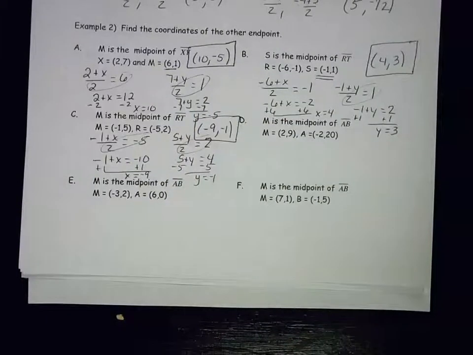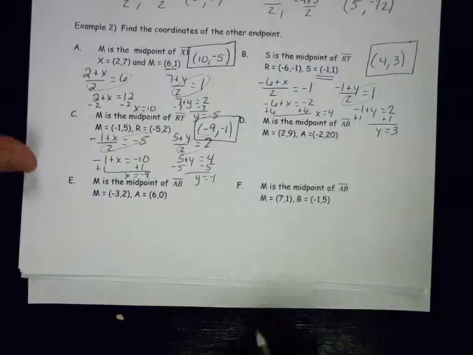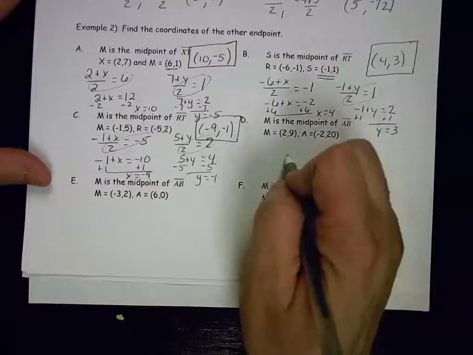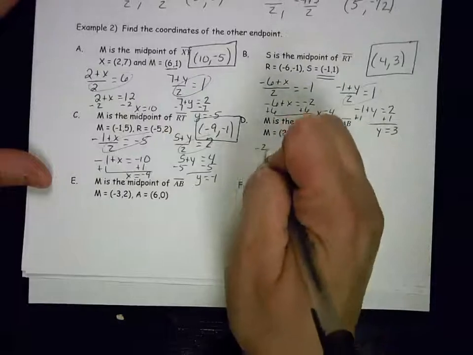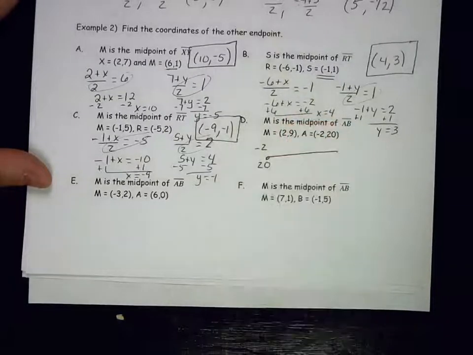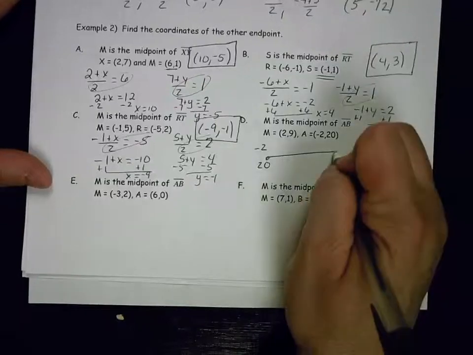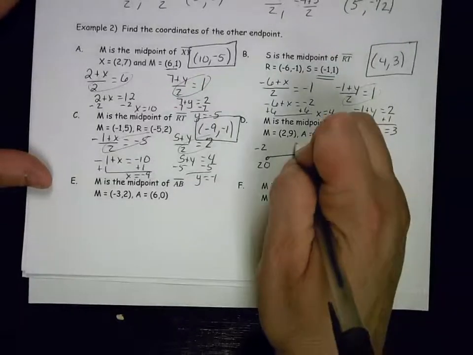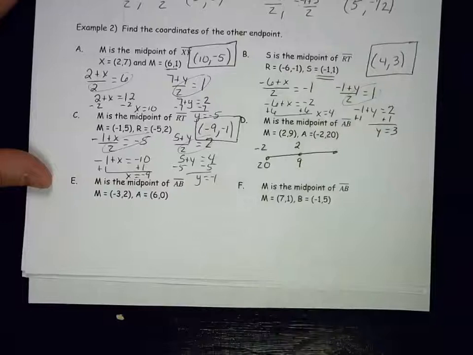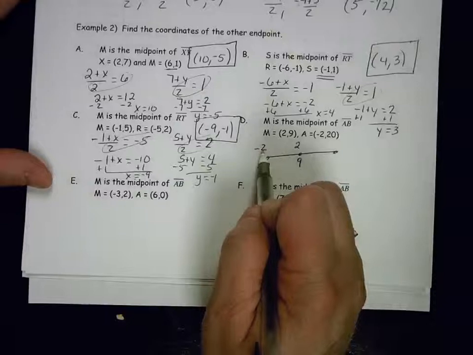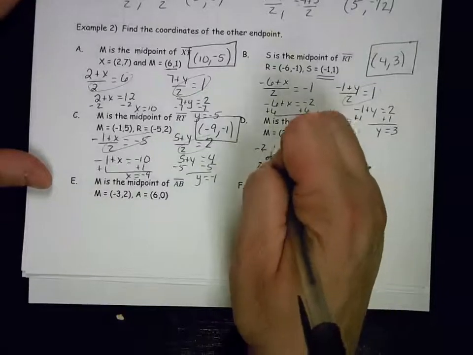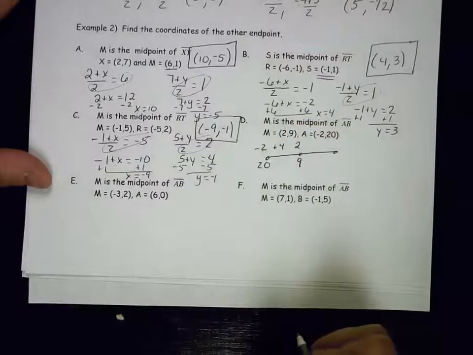And the other way to do this, if you don't like the algebra way, you can draw a picture here. M is the midpoint of AB. So A is right here, negative 2, 20. And I'm going to put the x on the top and the y on the bottom. And M is right here in the middle at 2, 9. So let's reason this out. You're at negative 2, and you want to be at 2, so you've gone up 4 spaces.